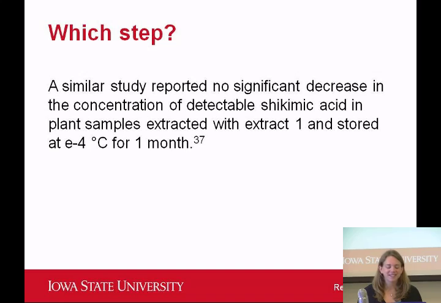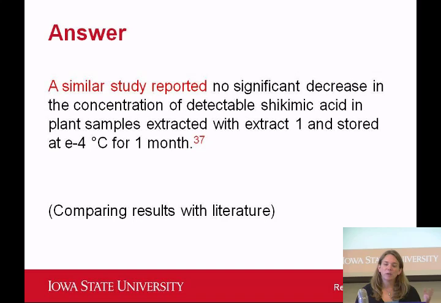Okay, let's look at this one together. It says, "A similar study reported no significant decrease in the concentration of detectable shikimic acid in plant samples extracted with extract 1 and stored at -4 degrees Celsius for 1 month." Okay. So right here we have 2 indications that this is an example of comparing results with literature. At the very beginning, the authors say, "a similar study reported." And those words should indicate to us that there's some sort of comparison that's happening, right?